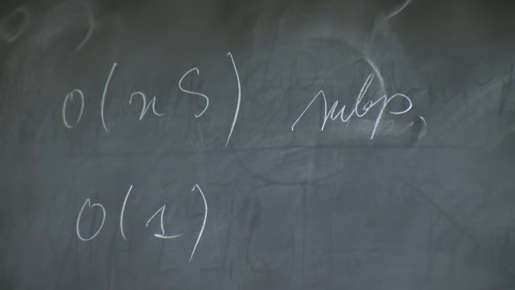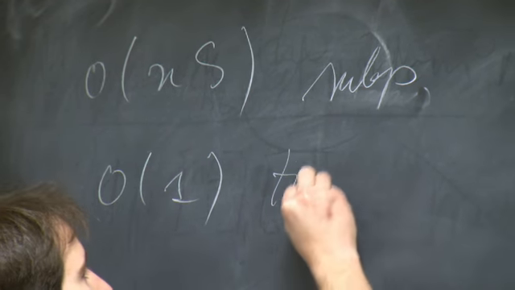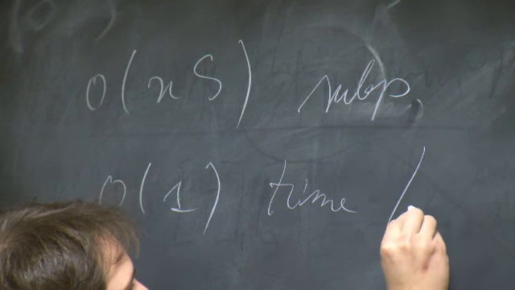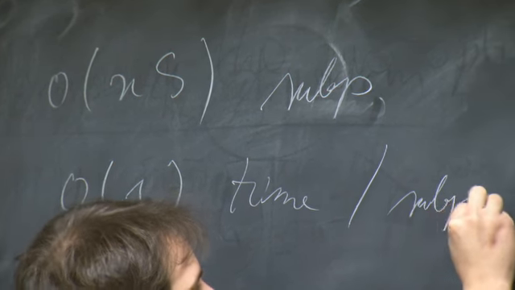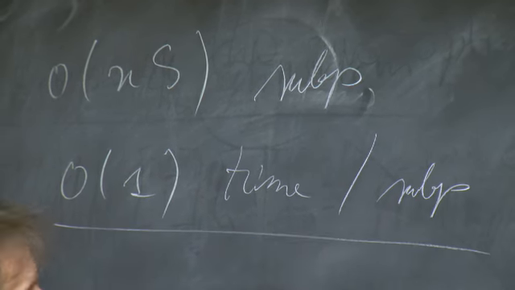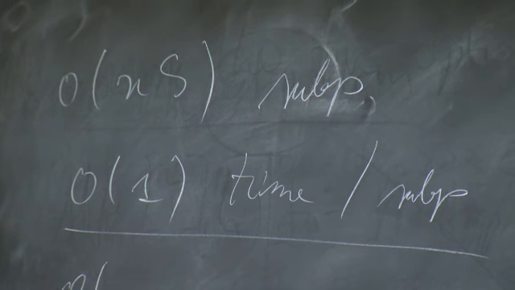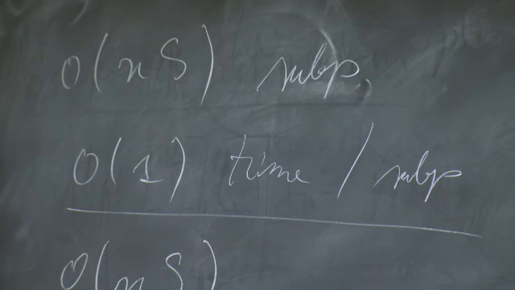This is how much time it takes to compute a subproblem, because I have the max of 2 elements, so it's constant time. So the total running time is order of NS.